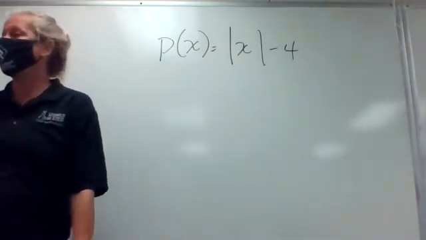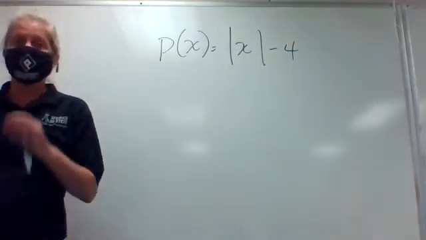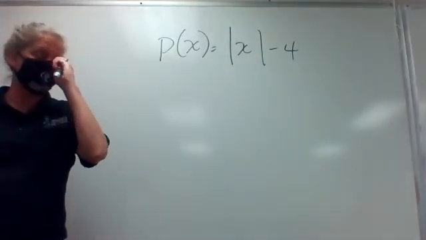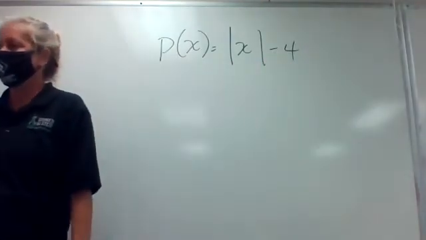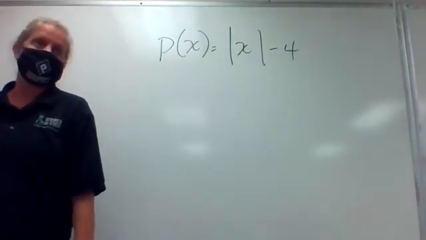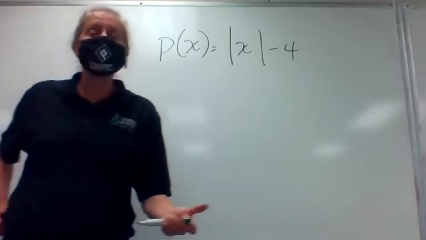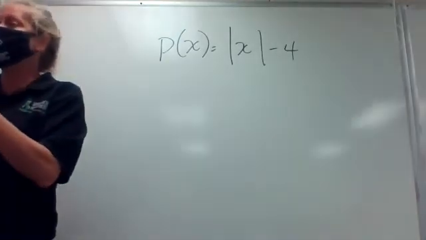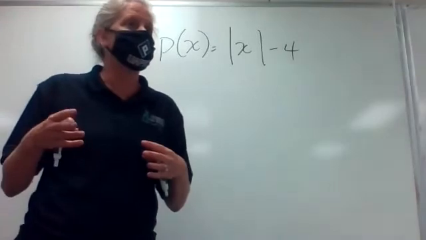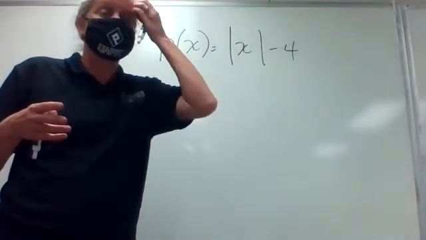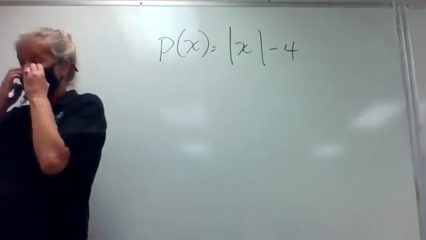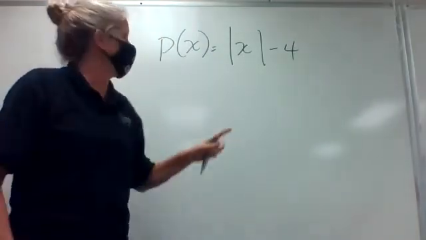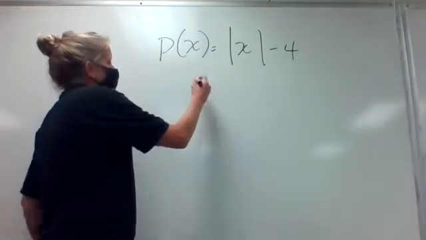It's inside an absolute value bar, which means for numbers that I plug in, I'm going to take the absolute value of that number and then subtract 4 from it. There's nothing you can't do that to, right? Because what does absolute value mean again? It means how many spaces away from 0 are you? Well, no matter what your number is, you're that many spaces away from 0. So there is nothing that you wouldn't be able to plug in.